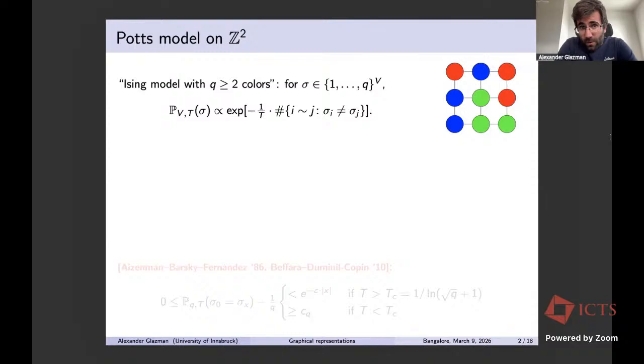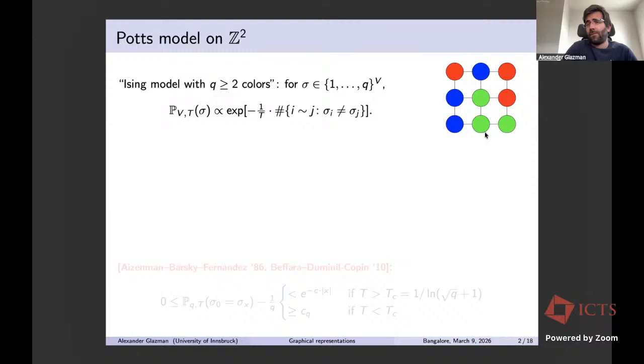First of all, we'll start with the Potts model. For the whole talk, we work on two-dimensional lattices. So now we're on Z^2, and the Potts model is supported on colorings of vertices in q colors. q is at least two, and the distribution is given by exponential of minus one over temperature times the number of disagreements between neighbors.